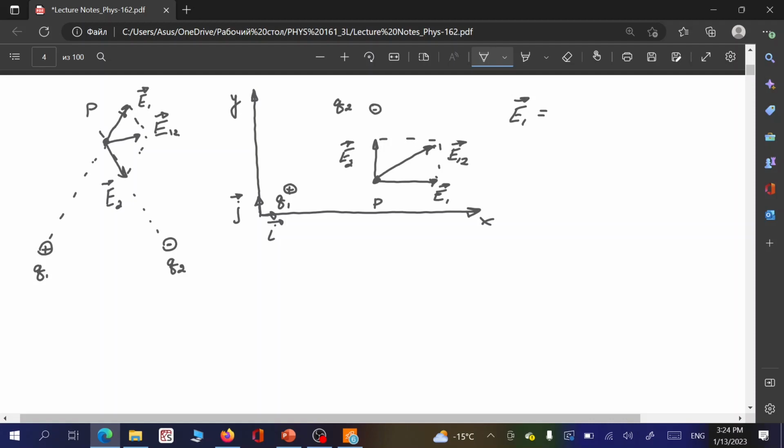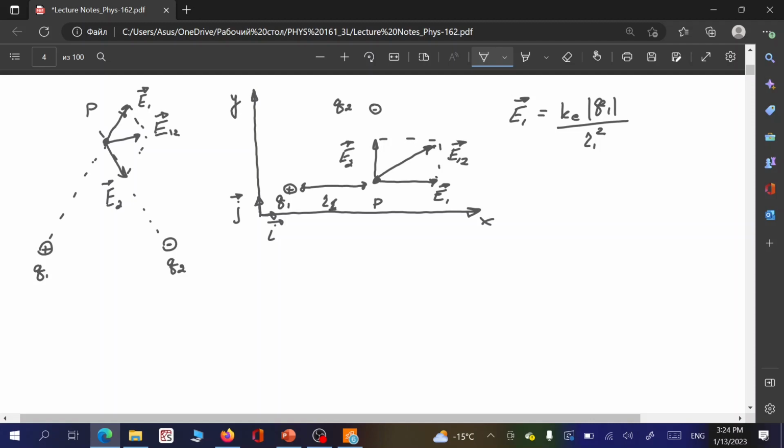So how do we define the electric field vector? According to the previously defined equation, we can write that this will be KE times the absolute value of Q1 divided by R1 squared, and R1 squared is this distance.